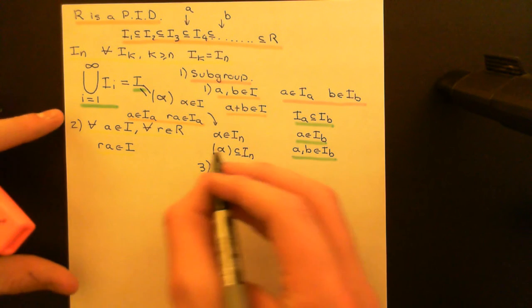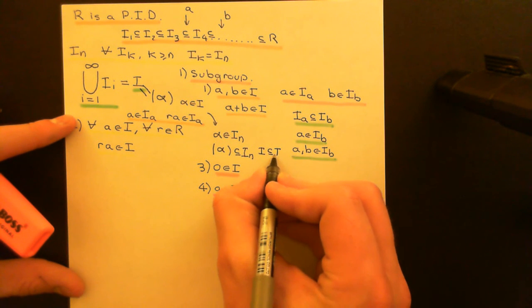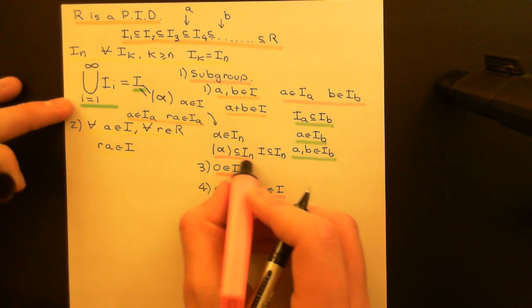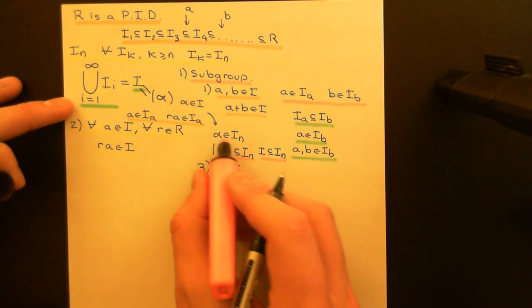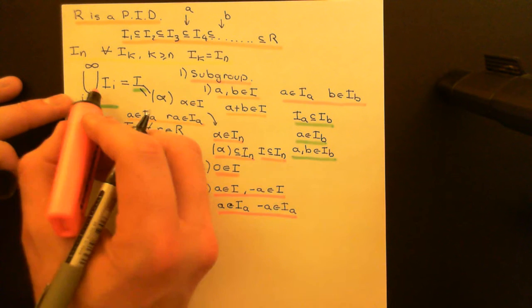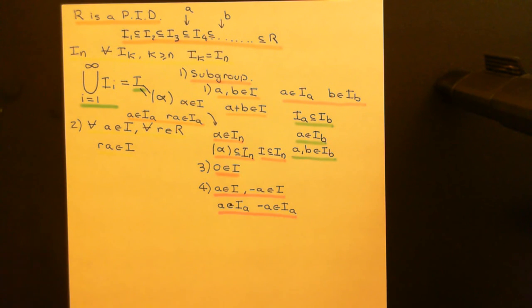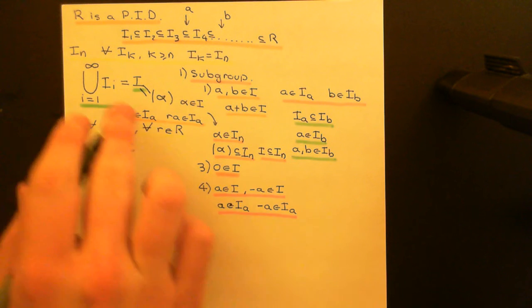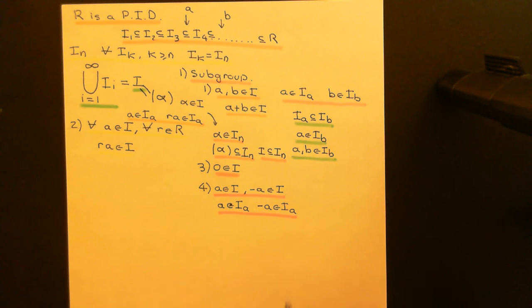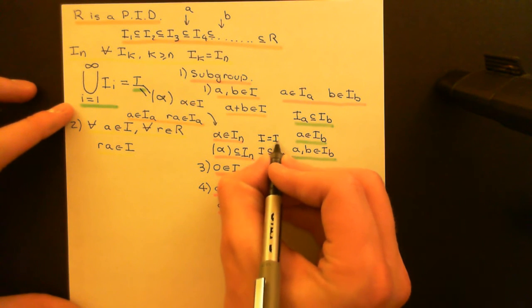So now that implies that the entire ideal capital I is contained within the ideal I_n here. But of course I_n cannot be bigger than I, because I is the union of all of the ideals here. So if I_n was bigger than I, that's rubbish. I_n has to be contained within I because you union together all these ideals to get capital I. So we arrive at the fact that I must equal I_n.